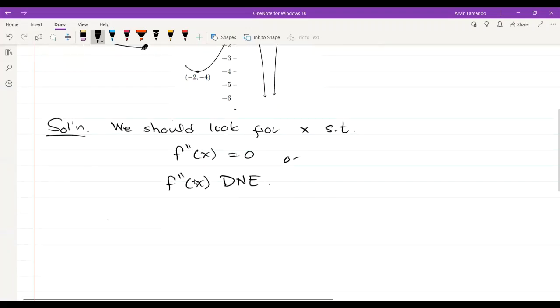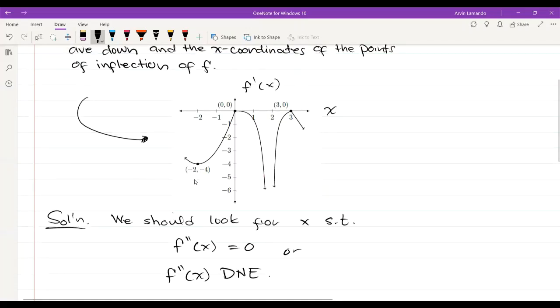However, we can easily find them by looking at the graph of f prime of x. f double prime of x are the slopes of the tangent lines of this graph.